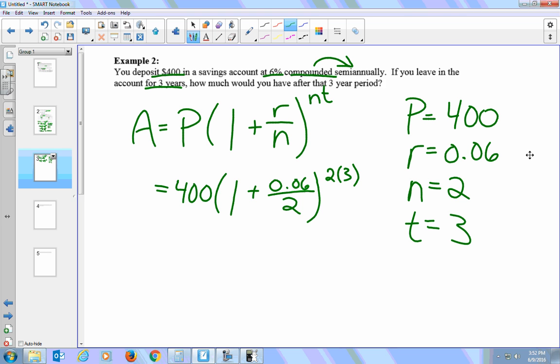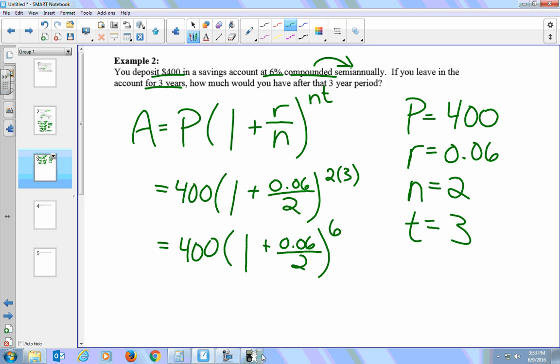Now, again, before we plug it in the calculator, we want to calculate the exponent, and then we can just enter it all in one fell swoop, and it prevents errors. So we had 400 times the bracket 1 plus 0.06 divided by 2, and 2 times 3 gives us 6.